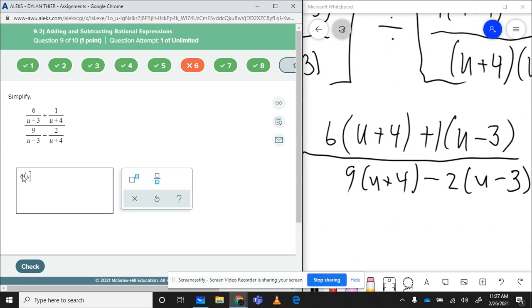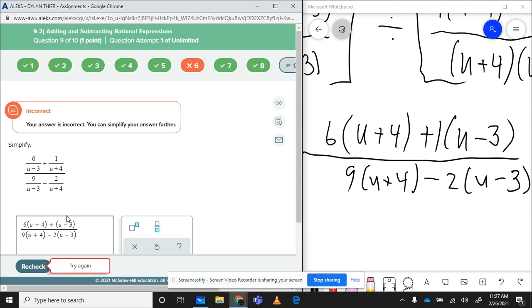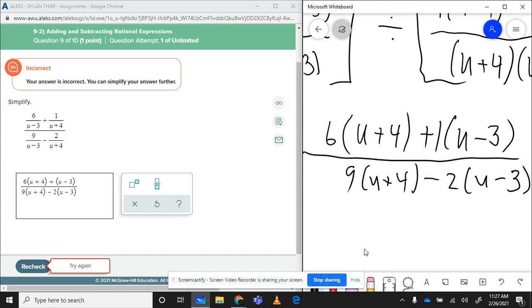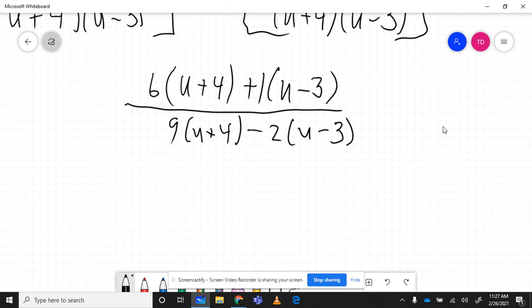You can always hope. Type this in. Let's try to simplify things. You can simplify it further. Gosh darn it.